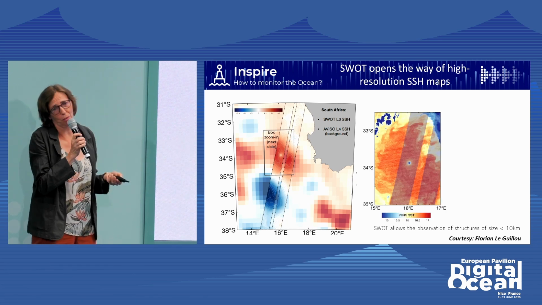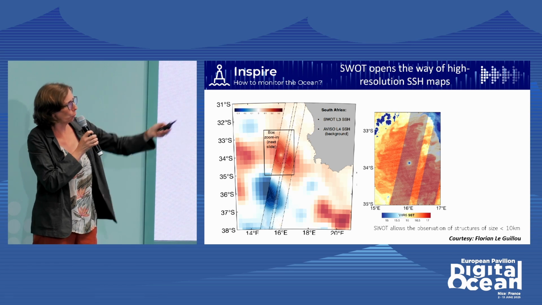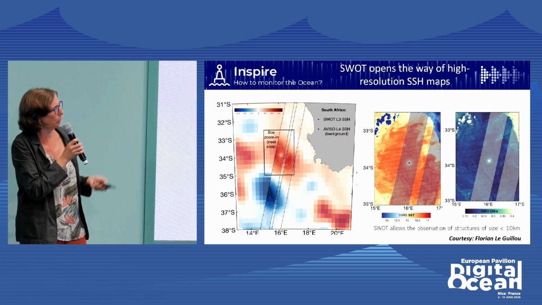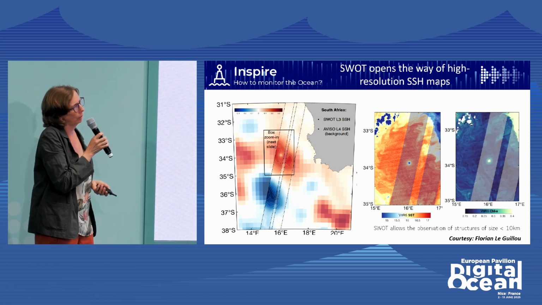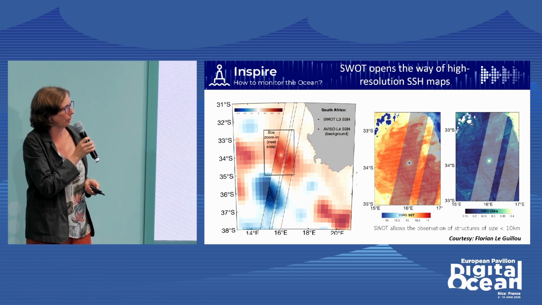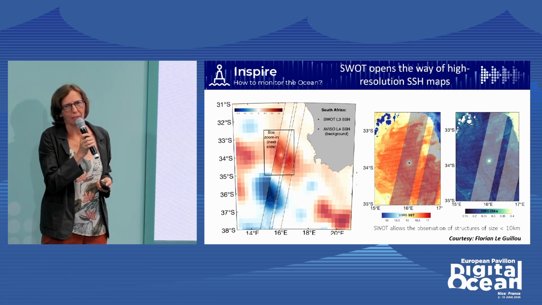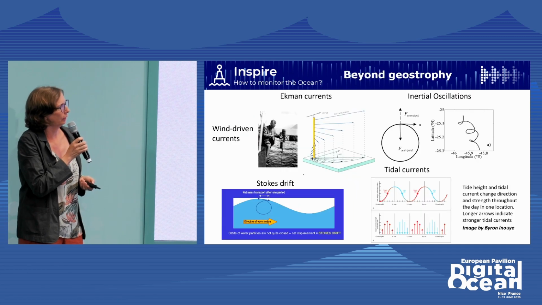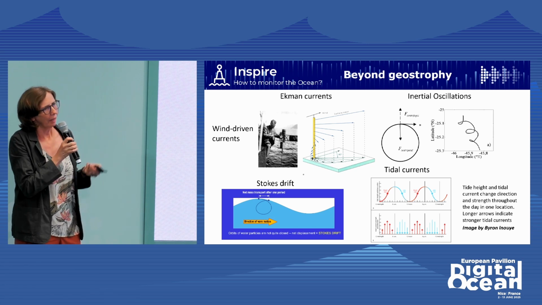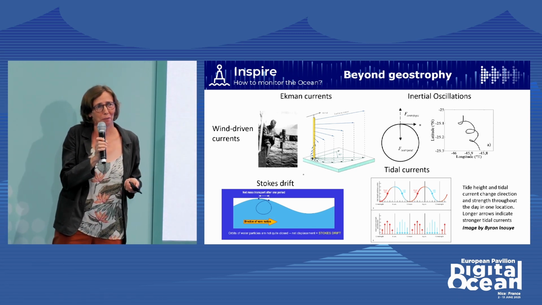This is a very small eddy that you can see in the temperature, the blue dot in the image, or also in optical images of chlorophyll A concentration. So SWOT really allows us to observe structures which are less than 10 kilometers, and this is really a game changer for altimetry.